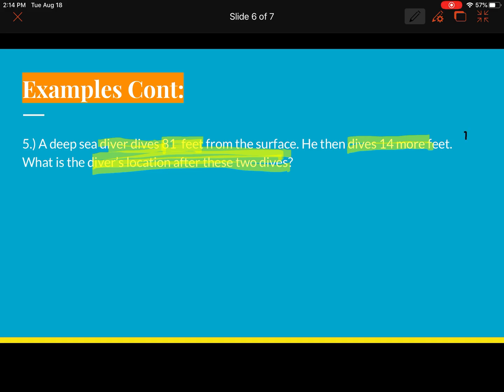So let's go ahead and draw ourselves a picture here. If a diver is diving off, he's going down 81 feet, then he's going to be at this location. And then he's going to dive 14 more feet to go even further down. And as you can see here, since we're going down, these are both going to be negative numbers, because down will always mean negative.